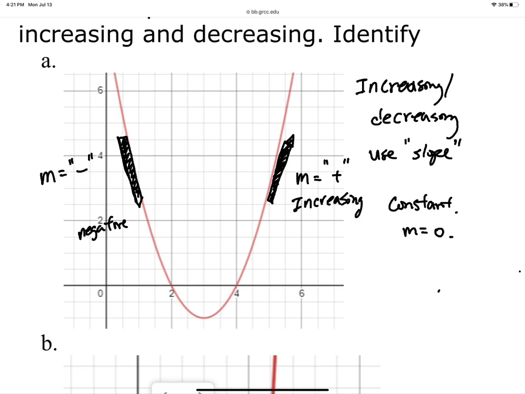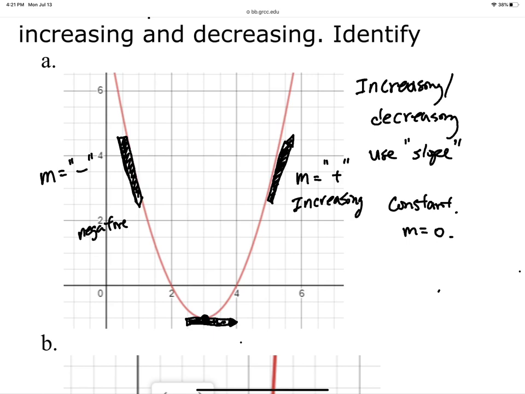The slope is equal to 0 right at the vertex. If you move your pencil along the graph, as you loop around the vertex, there will be an instant where your pencil is horizontal.